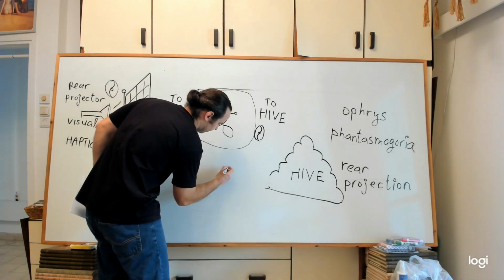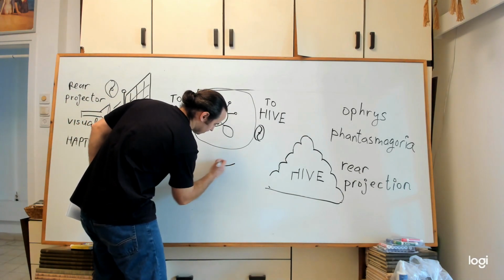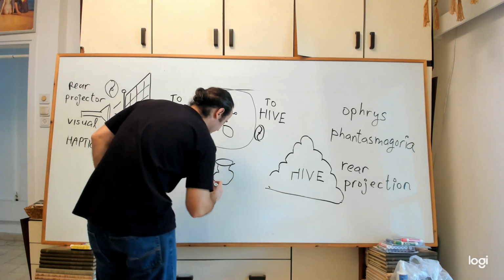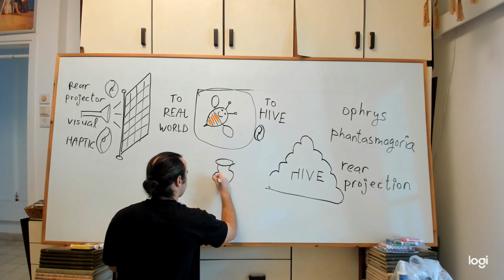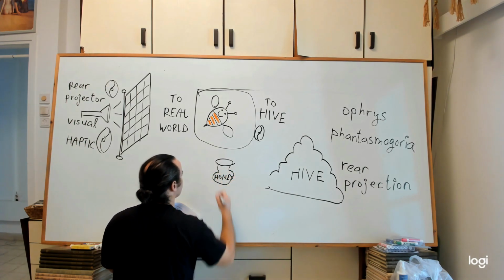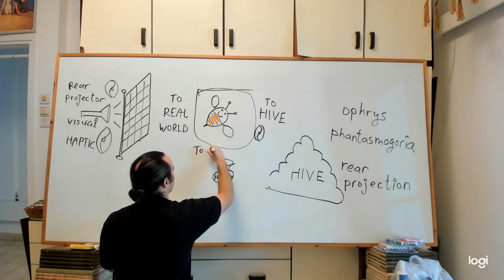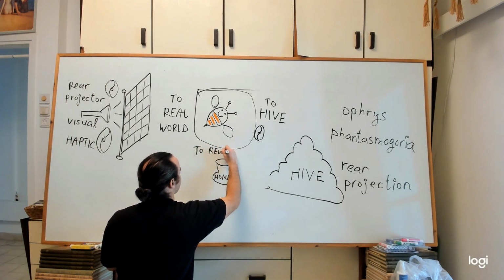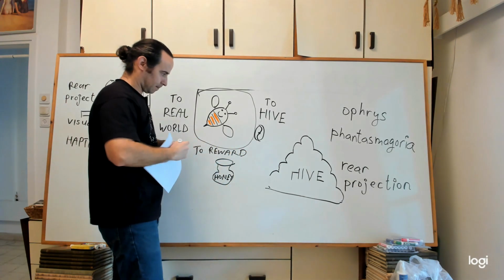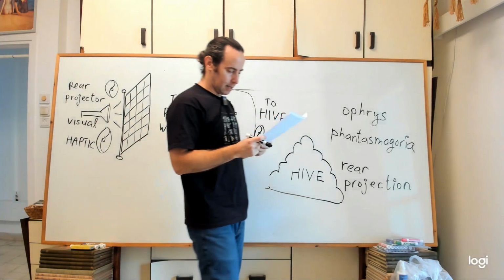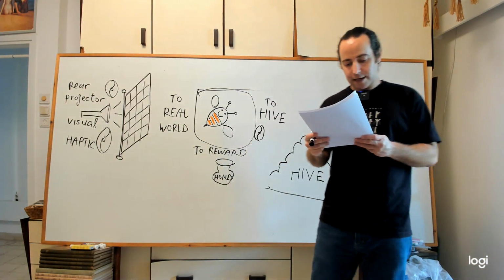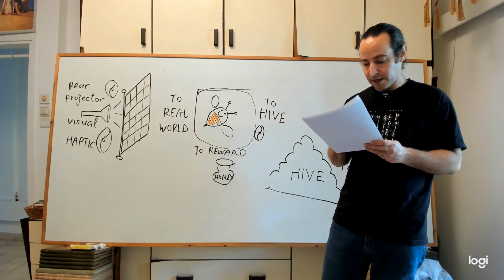So here we have honey. This is the reward. The jar needs to close right after the bee finishes and flies home.